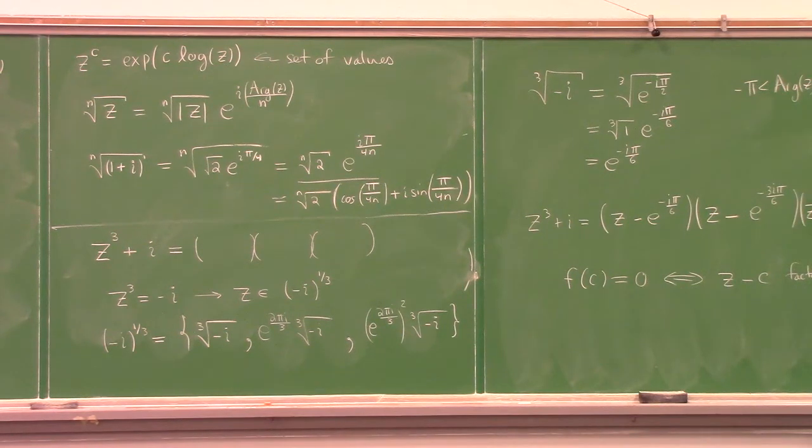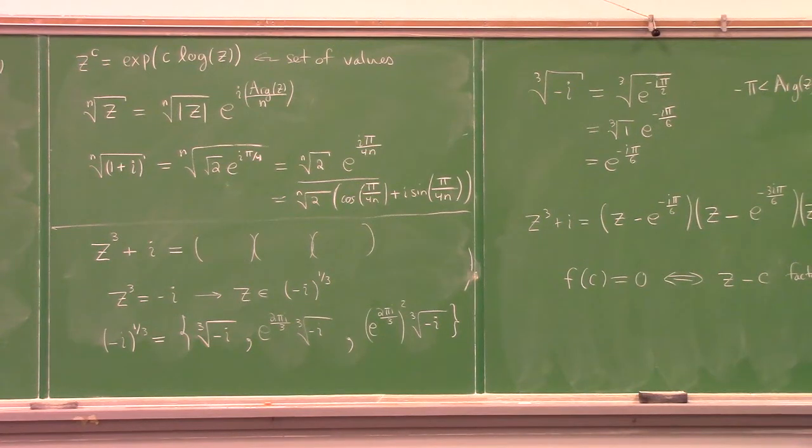So when you get e to the minus 1/2 i pi, that thing is going to be minus i, so that's z plus i. So z minus c. Yeah, I agree that that's z plus i. That's what's bothering me.